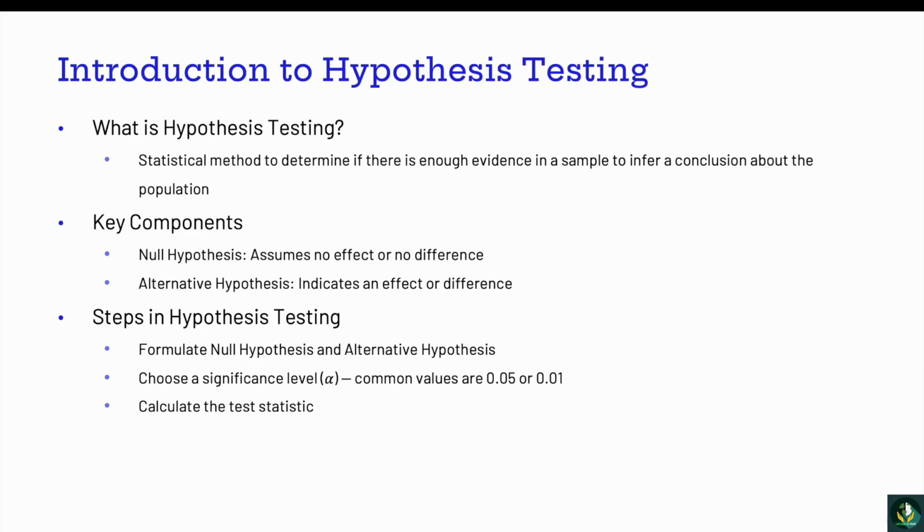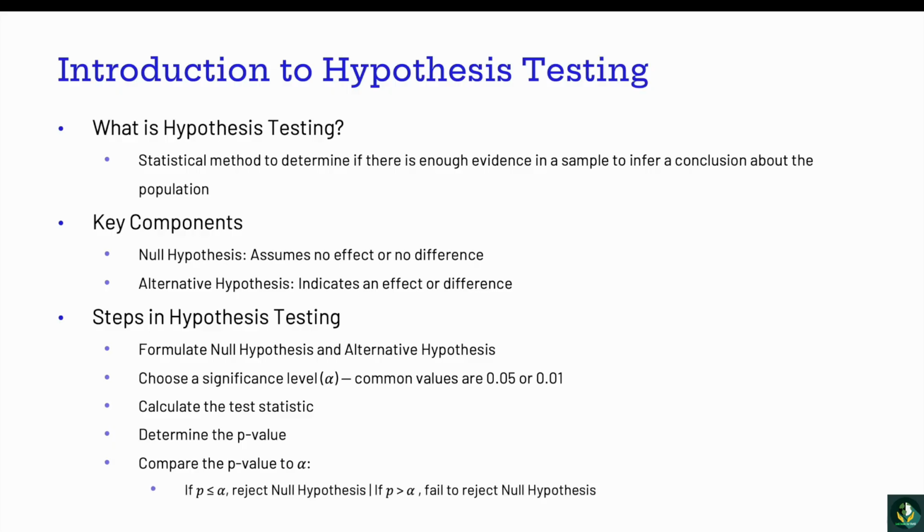Next step is to calculate the test statistic, which is either a t statistic or z statistic. Then you determine the p-value, followed by comparing the p-value to alpha, where if p is less than or equal to alpha, then you reject the null hypothesis. But if p is greater than alpha, then fail to reject the null hypothesis.